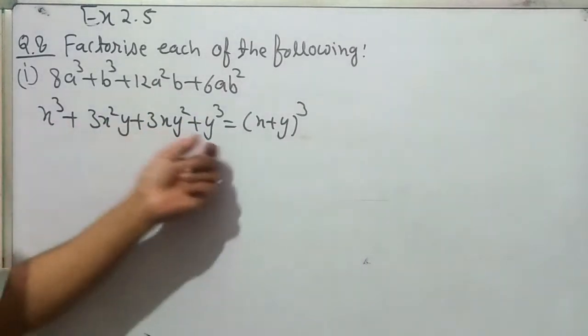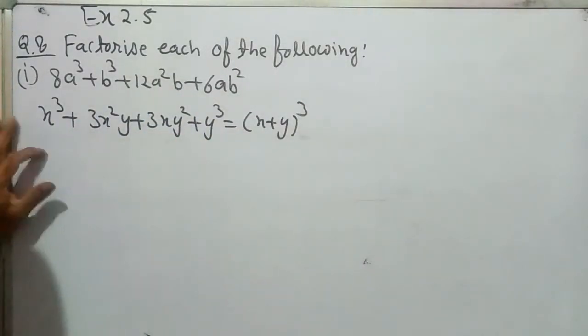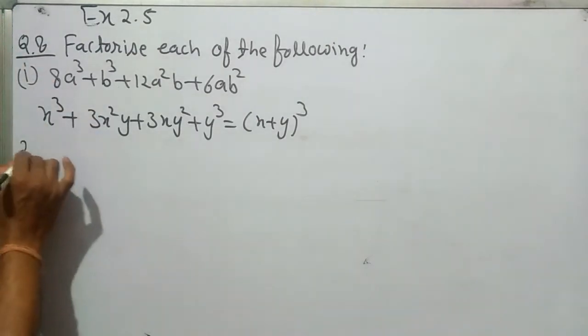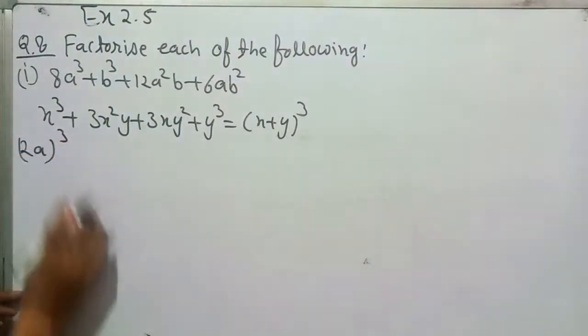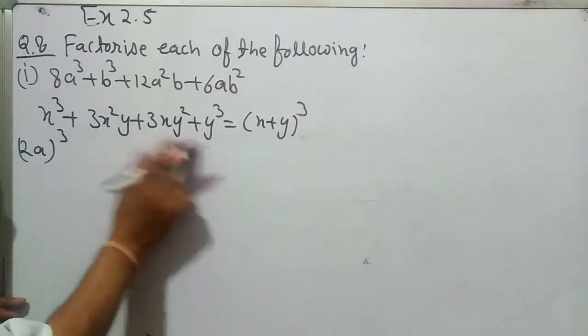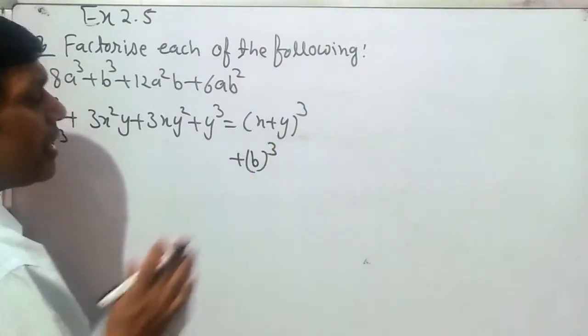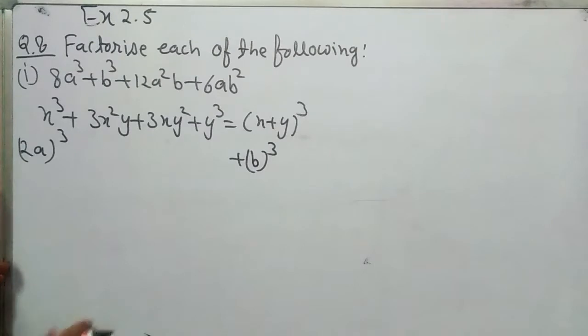Only thing is we have to match the terms. In place of x cube we have 8a cube, that means it is cube of twice a. In place of y cube we have b cube, that means in place of y we have b.